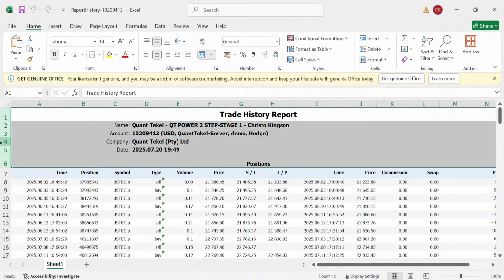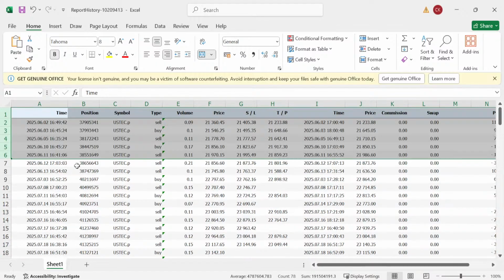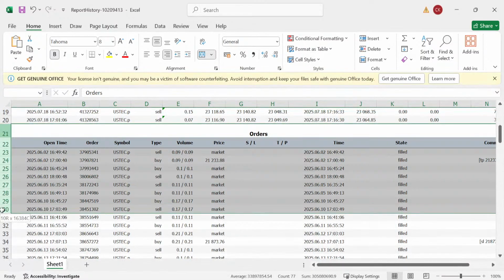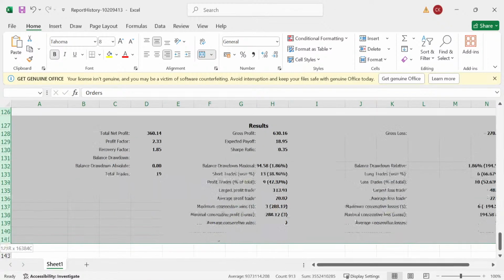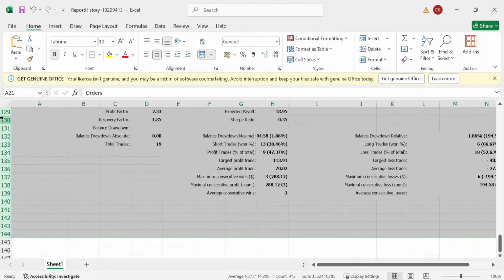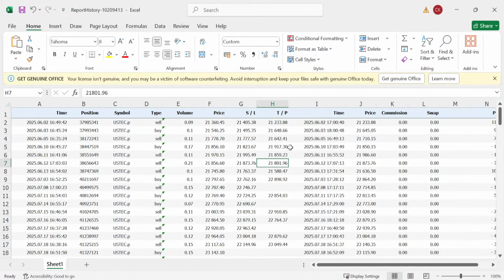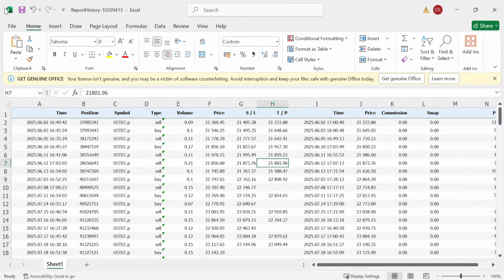Click on these rows and click on delete, and it will get deleted. Please apply the same. Make sure your file is cleaned up.